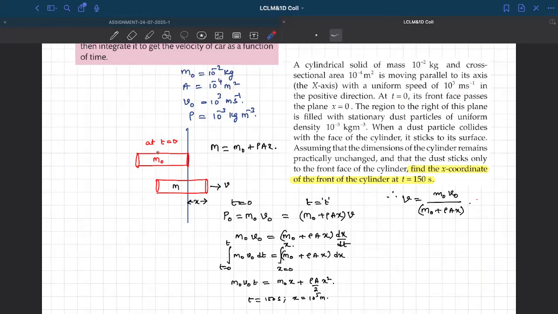At t is equal to 0, its front surface crosses x is equal to 0. The region to the right of this plane is filled with stationary dust particles whose density is 10 power minus 3 kg per meter cube. Very less, I know. When a dust particle collides with the face of the cylinder, it sticks to the surface, assuming that the dimensions of the cylinder remain practically unchanged. And that dust sticks only to the front face of the cylinder.